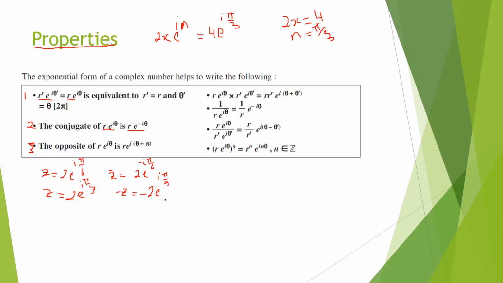Why is this not in the exponential form? Because of the modulus: r can't be negative.